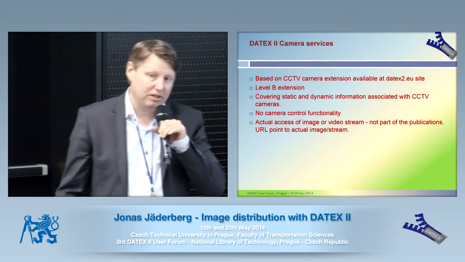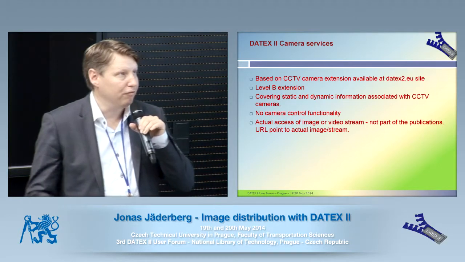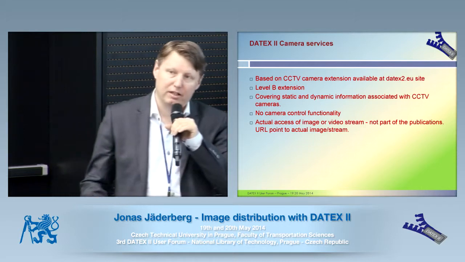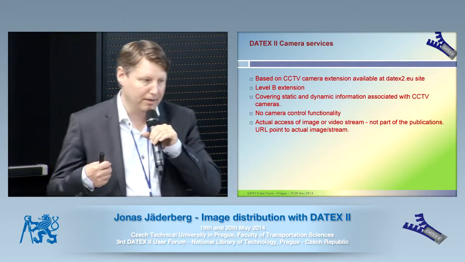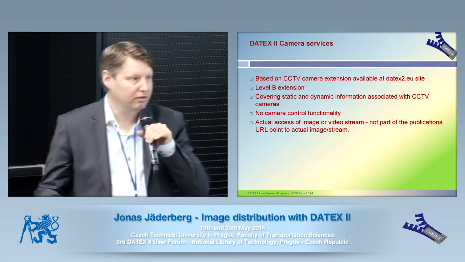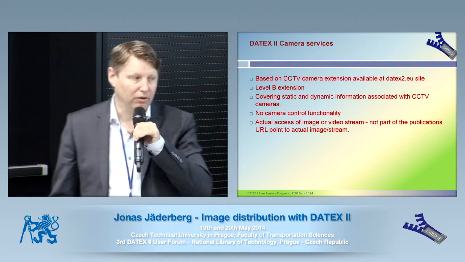They cover both static and dynamic parts of information associated with CCTV cameras. In the static part, we see things like position and name and so on. And the dynamic part is whether the camera is broadcasting or not.